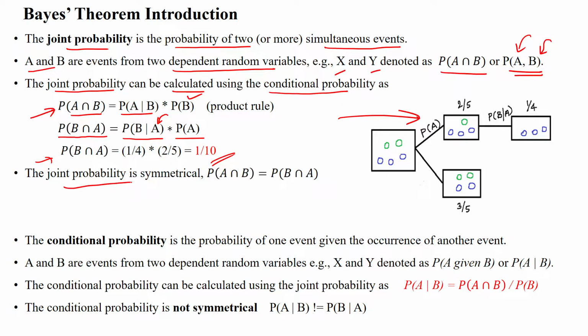So the joint probability is symmetrical, and we can take probability of A intersection B as equivalent to probability of B intersection A.